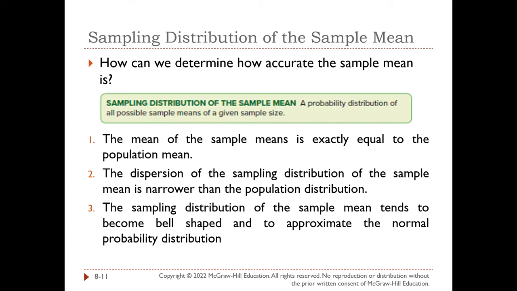The dispersion of the sampling distribution of the sample mean is narrower than the population distribution. The sampling distribution of the sample mean tends to become bell-shaped and to approximate the normal probability distribution. This is where z values and t values can come in.